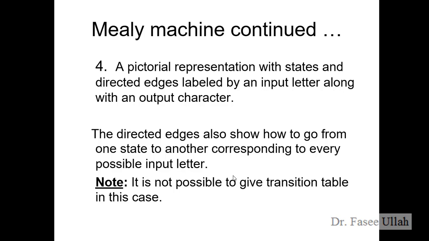The directed edges also show how to go from one state to another corresponding to every possible input letter. Note, it is not always possible to give the transition table. Sometimes it gives you a transition table and sometimes it does not. So it varies case to case and with the requirement.